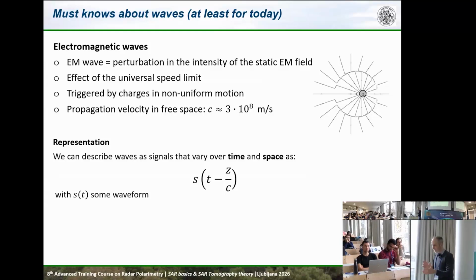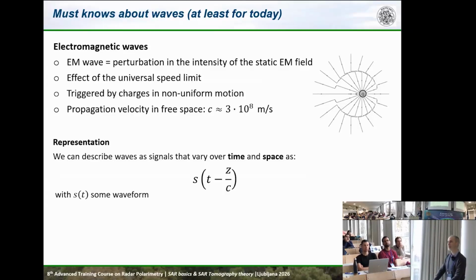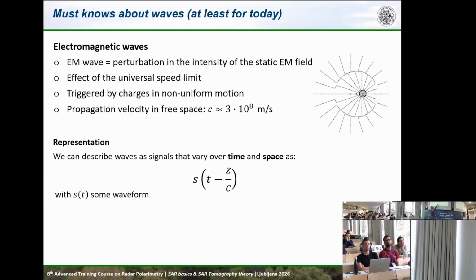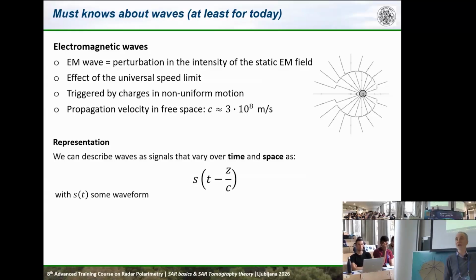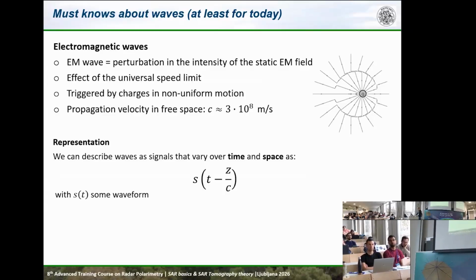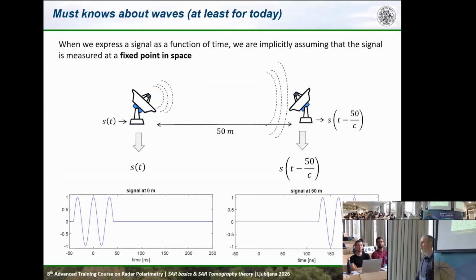Now some mathematics. The way we describe waves is as a signal, S, that changes in space and time, and we usually express it in this way: S of t minus z over c, where t is time, z is space, and c is the velocity. What does it mean? Well, just imagine.